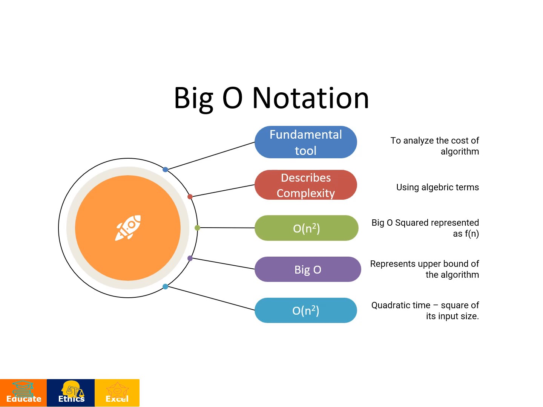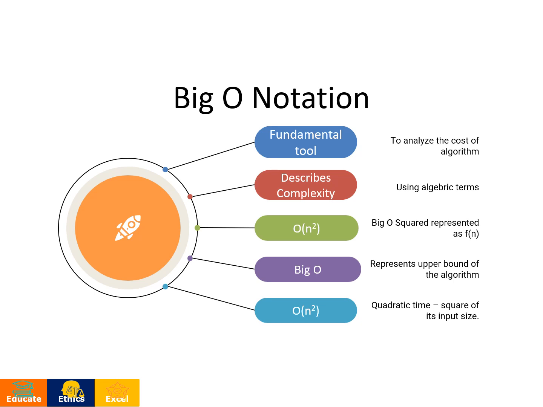f of n should be less than or equal to c into g of n, where c is the constant and n is the input size. c, which is a constant term, should be greater than 0, and the input size should be greater than 0.